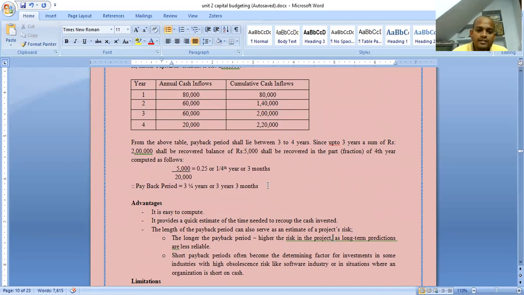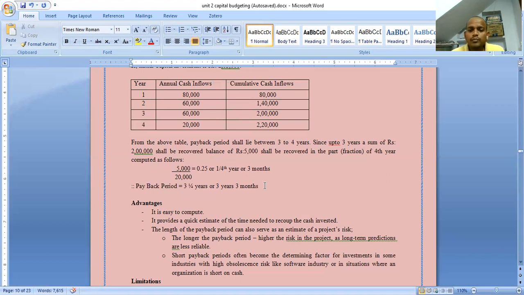For example, if there are two projects, in the first project the payback period is less, within 2 years we are getting our investment back. But in the second project, it takes 4 years. So the longer the period, the higher the risk.